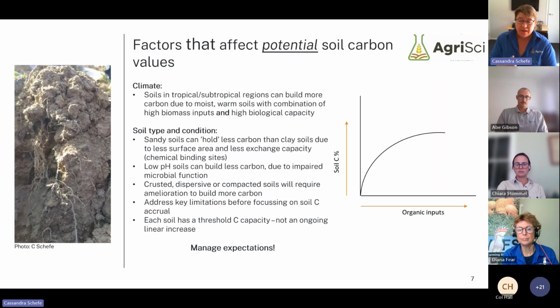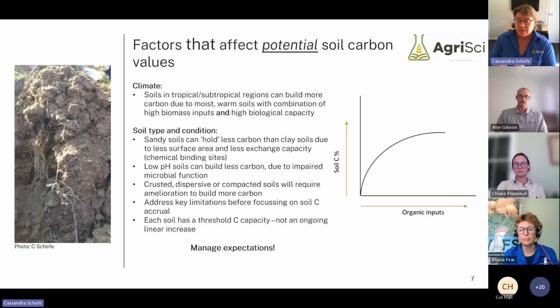We also know that low pH soils can build less carbon, and we'll talk about pH a little bit more in a sec, specifically due to their impaired microbial function. As we reduce our pH levels, we get less functional biology in our systems.